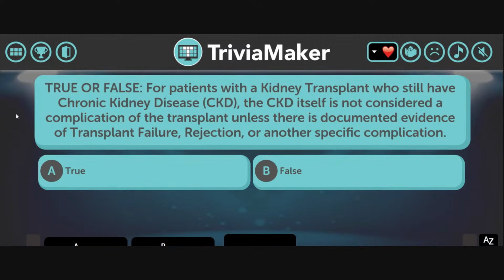So, true or false, for patients with kidney transplant who still have chronic kidney disease, the chronic kidney disease itself is not considered a complication of the transplant unless there is documented evidence of transplant failure, rejection, or other specific complications. All right, let's end this game strong.